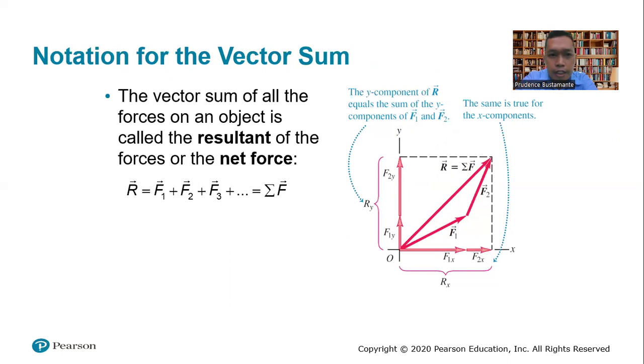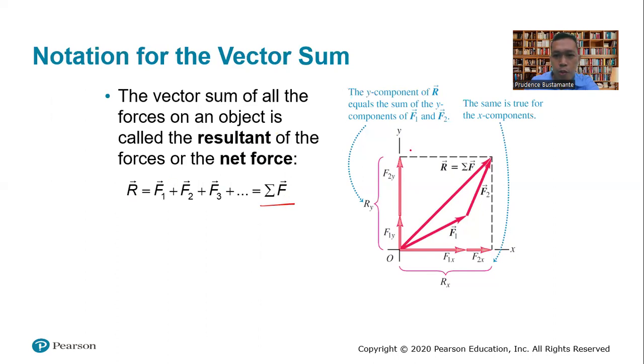So, the vector sum of all the forces on an object is called the resultant of the forces or the net force. Kung daghan na nga forces, i-plus plus nimo, F1, F2 hangtod sa daghan nga forces, ang resultant, usually gitawag nato siya net force. Net force is the sum of all the forces.